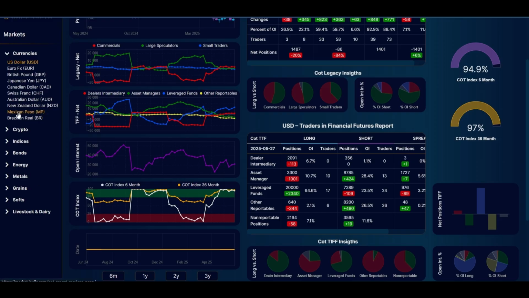This is why they have these specific categories, because in each of them you have different institutions, different groups of people or groups of companies. So commercials is not going to represent central banks if you're talking about crypto. Commercials is going to be a different thing, but it still represents more or less those people who have the insight. This is why they group them into three distinct groups, which is also something we can gain insight from.